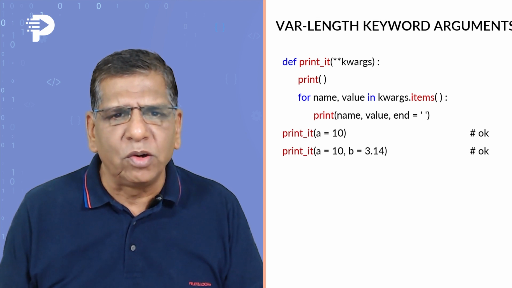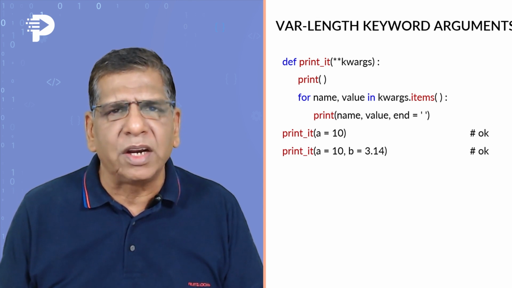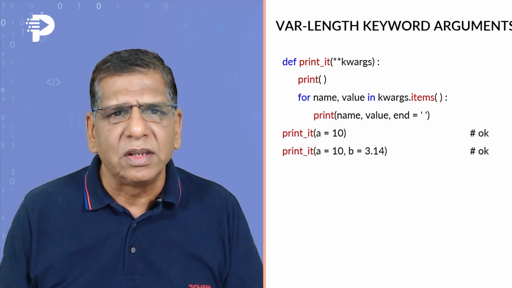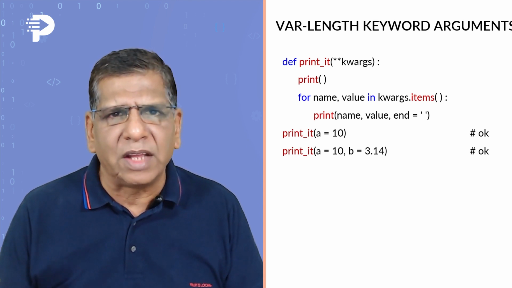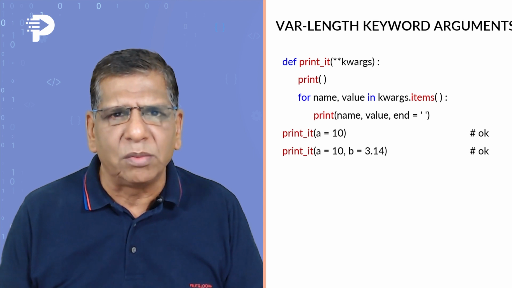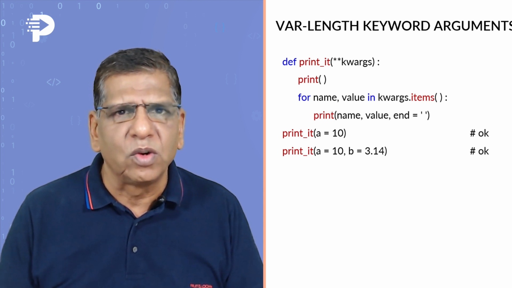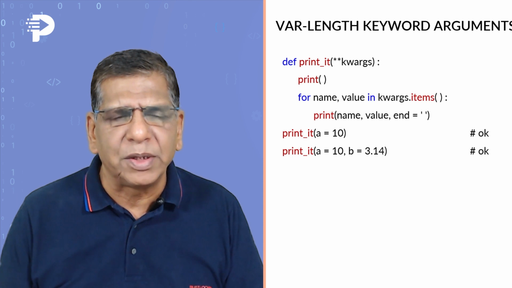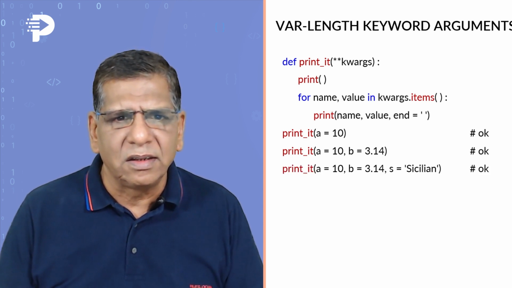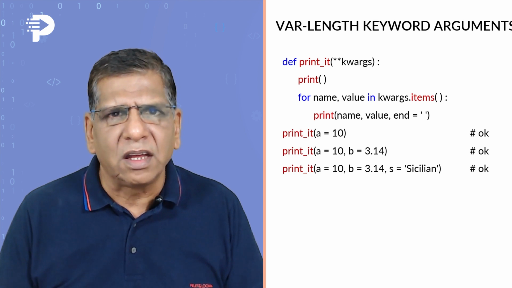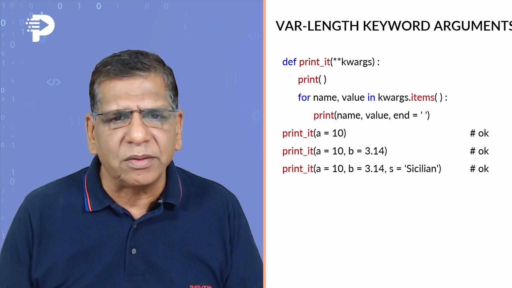Instead of a=10, I can also say a=10 and b=3.14. So 2 keywords and their values are being passed into the dictionary kwargs. So the for loop would go around 2 times now, printing key value pairs during each iteration. This is the third call. This is equally okay.